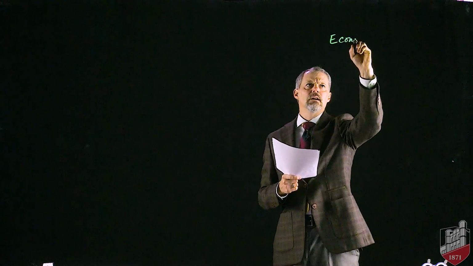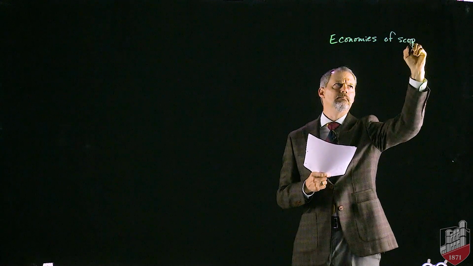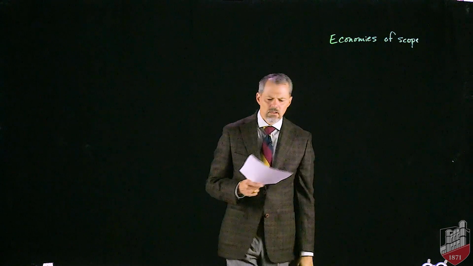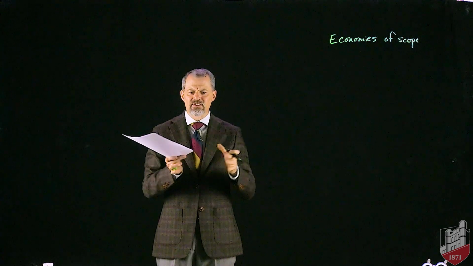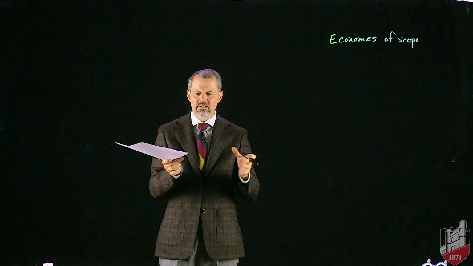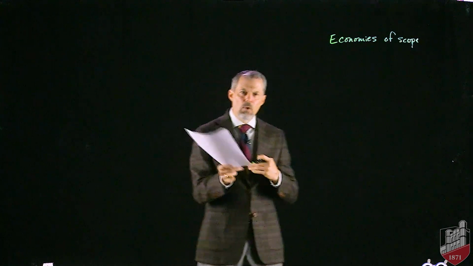So if we think about economies of scope, then what we're thinking about is scale has to do with the size of the manufacturing process. Scope has to do with producing more than one good.